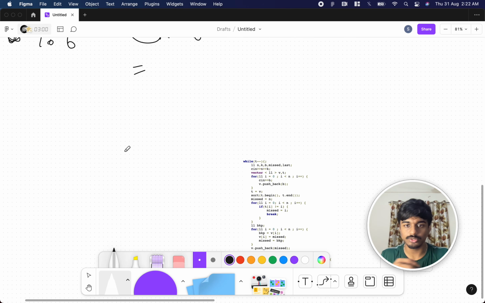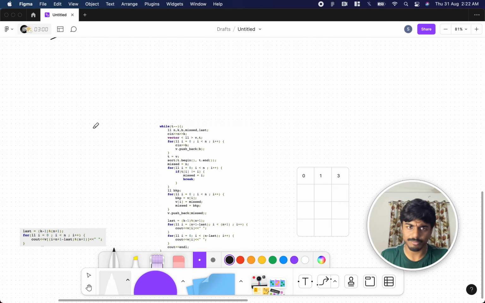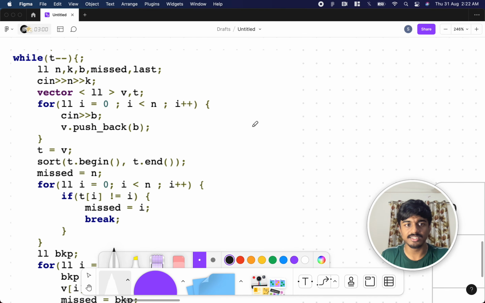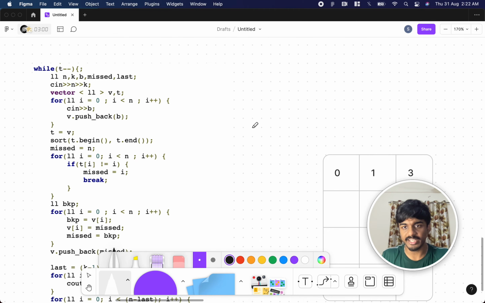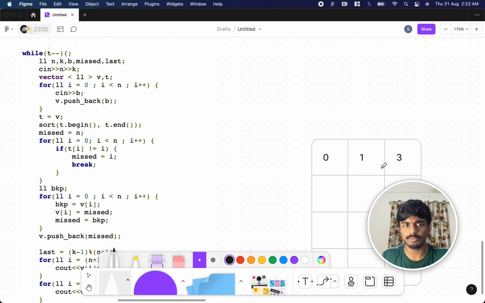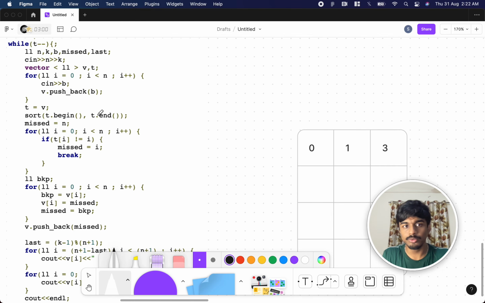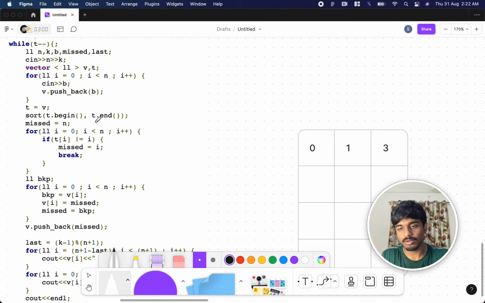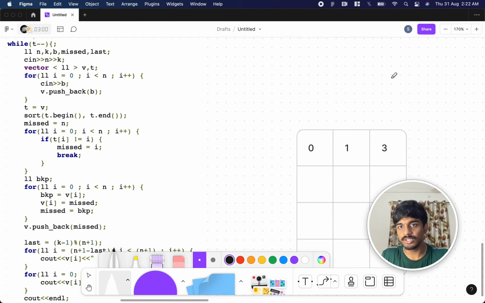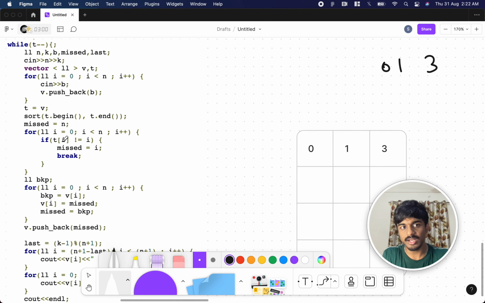Implementation is a bit tricky, so we'll try it with the help of an example again. We have a vector with 0, 1, 3, the same example. In order to find the MEX value, we take 0, 1, 3 and put it in an array. Then I iterate from i equal to 0 to n, that is 0, 1, 2, so there are 3 elements.